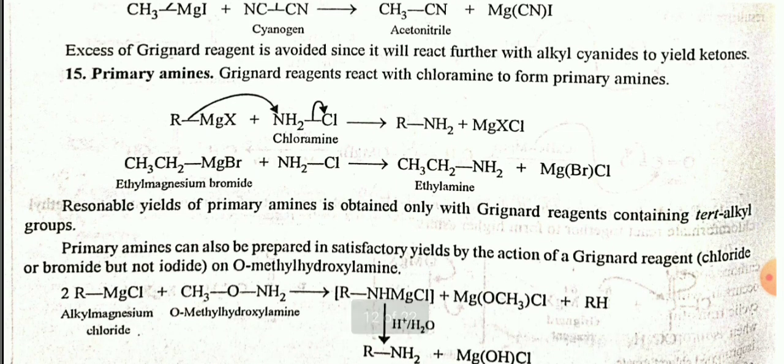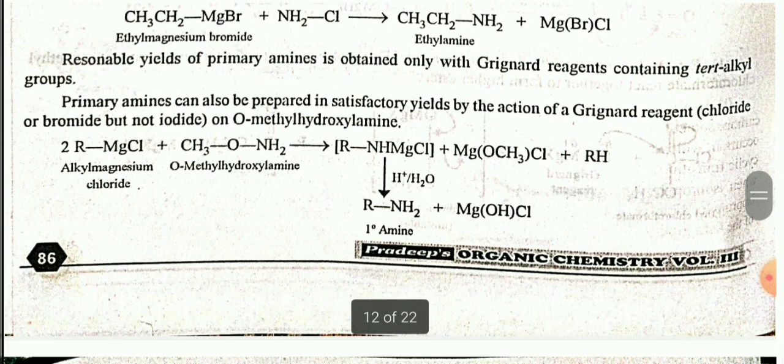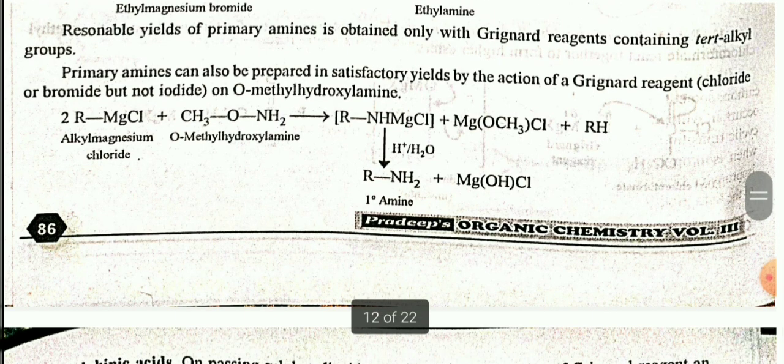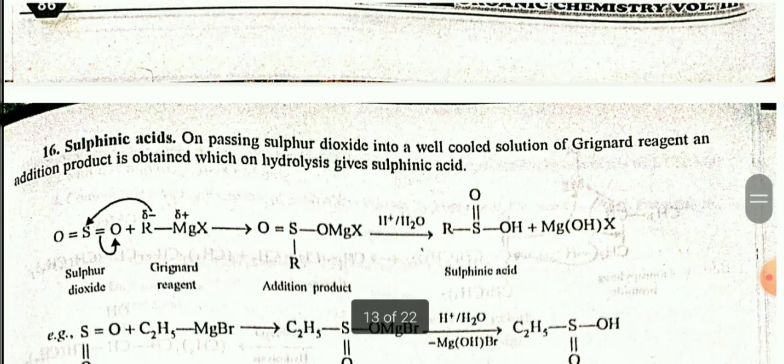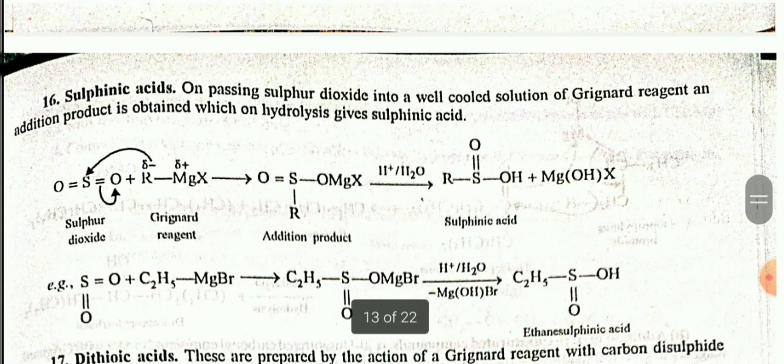15. Primary amines. Grignard reagent reacts with chloramine to form primary amines. Reasonable yield of primary amines is obtained only with Grignard reagents containing tert alkyl groups. Primary amines can also be prepared in satisfactory yield by the action of Grignard reagent, chloride or bromide but not iodide, on O-methyl hydroxylamine. 16. Sulfinic acid.